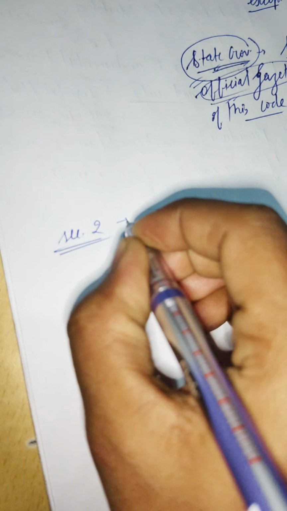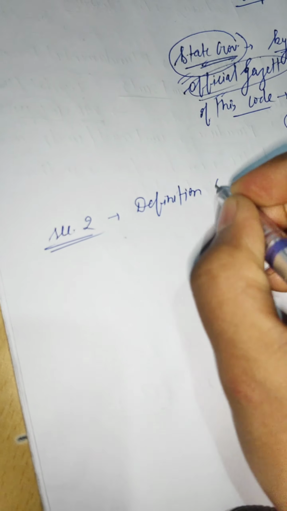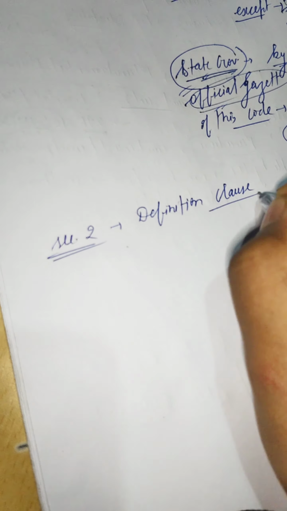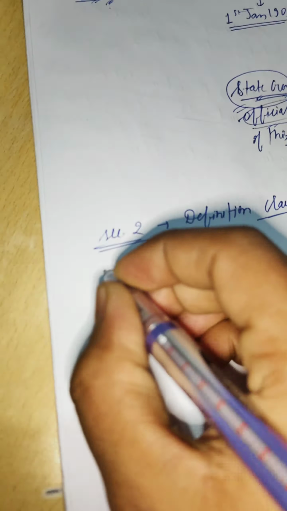Then we have section 2, which is a definition clause. We will discuss many definitions here.